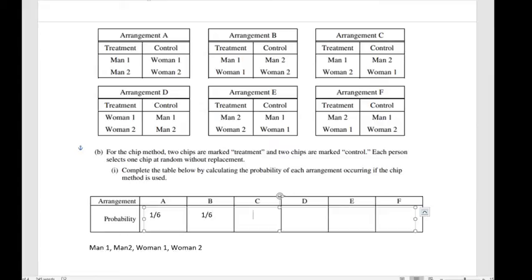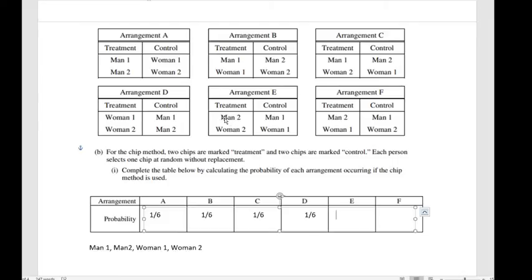For arrangement C, probability of this is 1/2. Probability of this is 2/3. Probability of this is 1/2. 1/2 times 2/3 times 1/2 is going to make 1/6. Arrangement D, probability of 1/2, probability of 1/3, so that makes an overall probability of 1/6. Arrangement E, got a probability of 1/2 here.